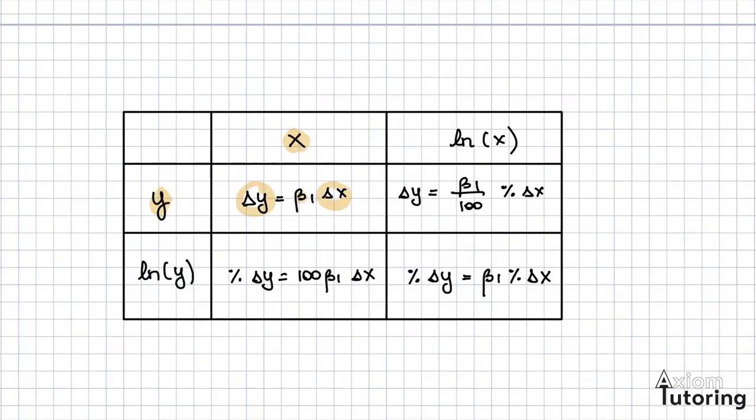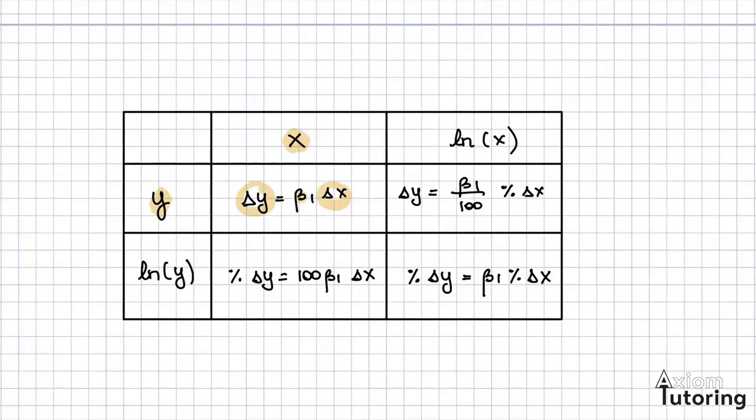The question is, so far we have seen all of these interpretations in the setup of a simple regression. What changes when we have to move to a multiple regression? The answer is that in terms of interpretation and the logic behind it, nothing changes.